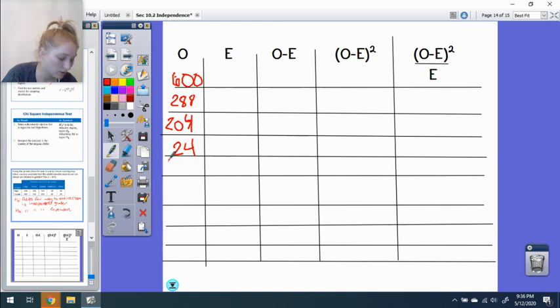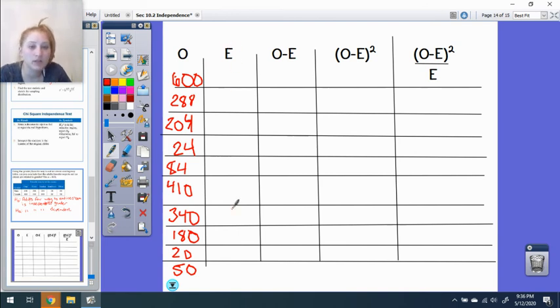And then we had 84. And then we had 410, 340, 180, 20, and 50.